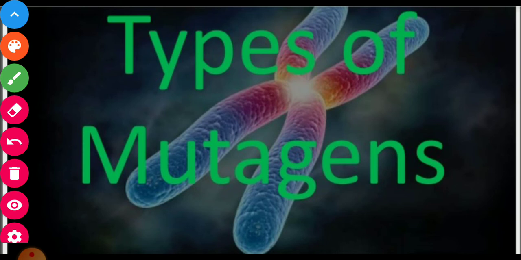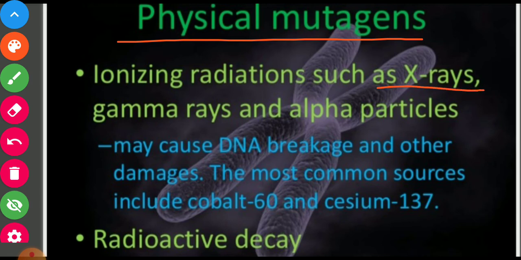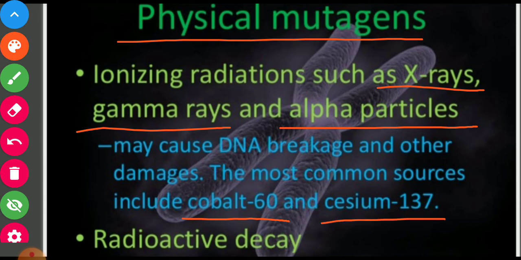Types of mutagens which cause mutation: what are the types? Here, the physical mutagens. Ionizing radiations such as X-rays, gamma rays and alpha particles can change the nucleotide sequence of DNA, which causes mutations. The most common sources are cobalt-60 and cesium-137.